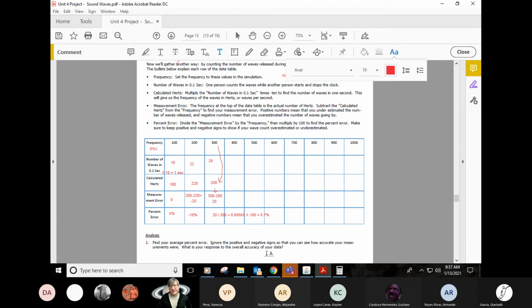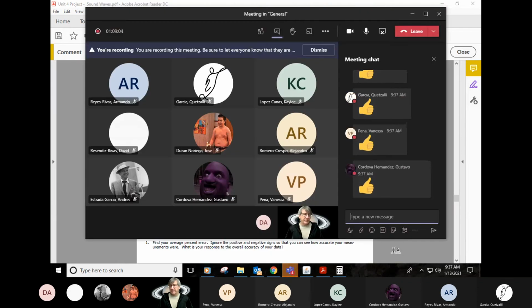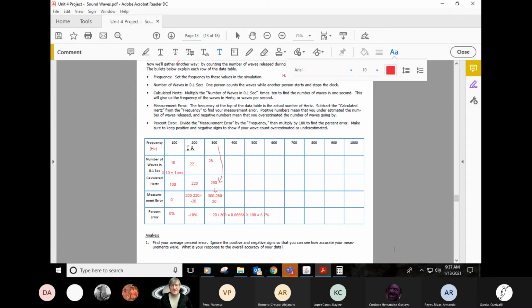So the great thing about comparing the percent error is that it accounts for the difference in what we started with. For example, for my made-up data for the 200 and 300, they were both 20 off. They were both 20 away from the correct answer.